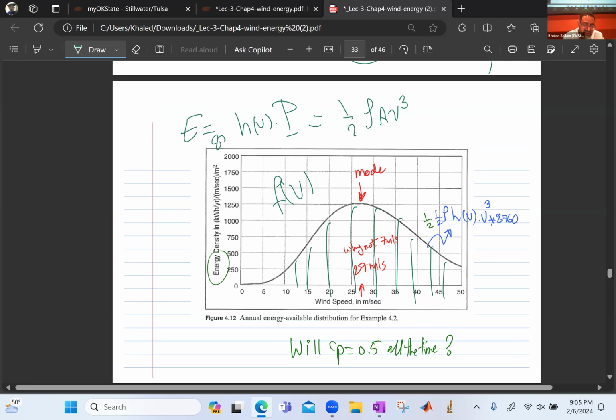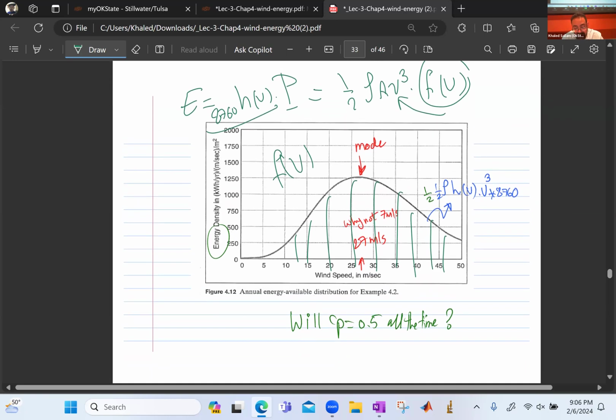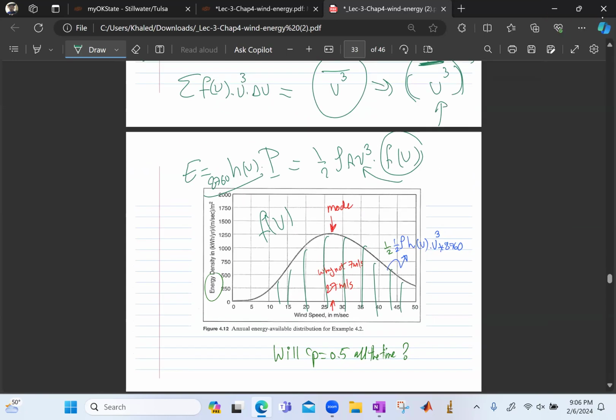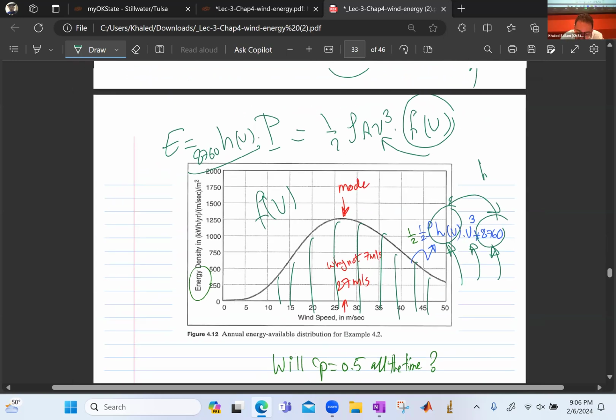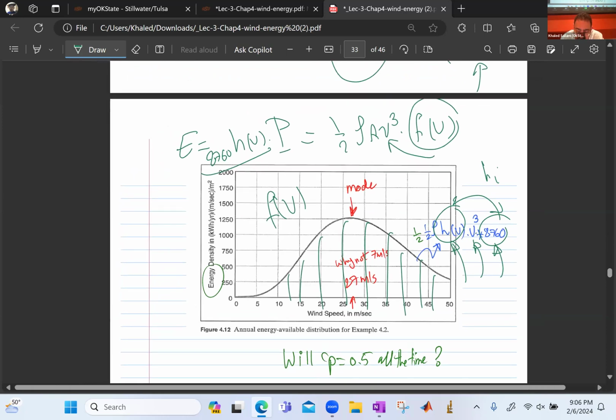Well, maybe I need 8760 multiplied by f of v. That would be exactly the time. So the distribution of the energy is f of v multiplied by v cube. That's the distribution of the energy. So you can see how it is the distribution multiplied by v cube multiplied by 8760, because the distribution times 8760 is the number of hours you stay at that velocity.